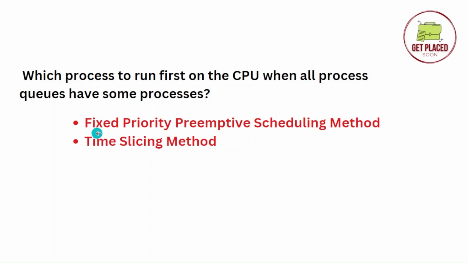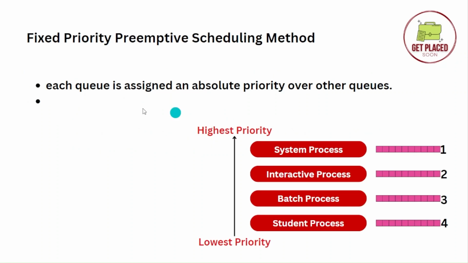The first method is the fixed priority preemptive scheduling method and the second method is the time slicing method. Now let's look at the first method. Fixed priority preemptive scheduling, as the name suggests, is preemptive. Preemptive, I am recalling again, means the capacity of interrupting the running process. If it is non-preemptive, you cannot interrupt the running process.